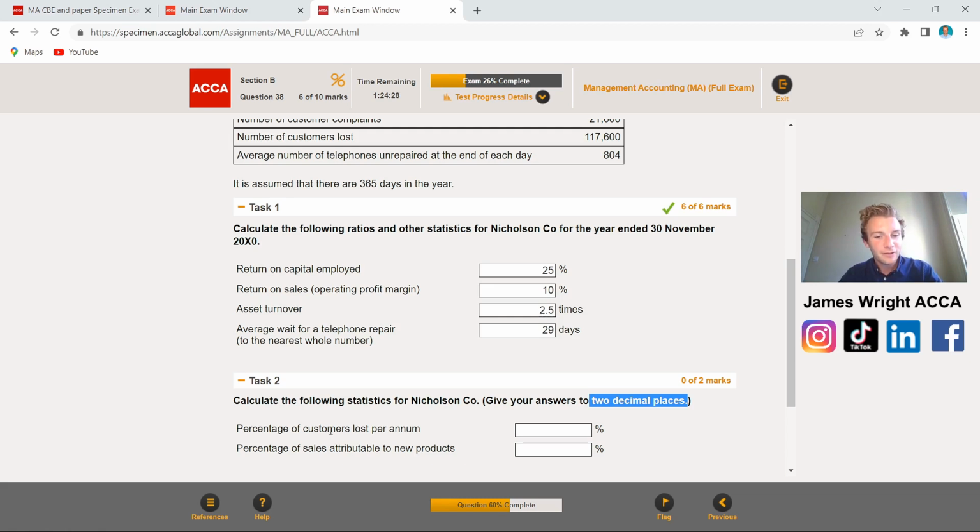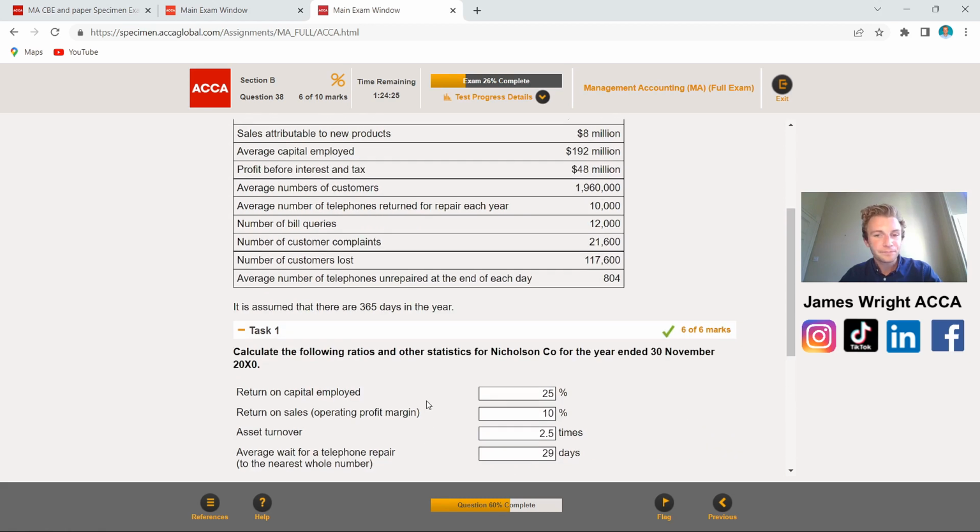So let's focus in on customers lost per annum. Say to yourself, right, how many customers have we lost? We've got 117,600. And then how many customers do we have per year? We've got 1.96 million.